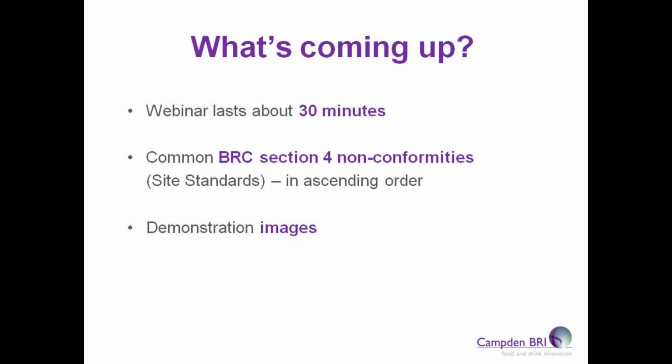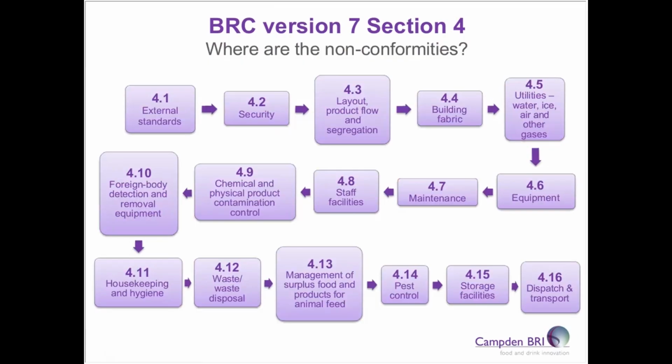So what are the most popular non-conformities? Let's look at the sections. Section 4 starts with external standards and site security. Under version 8, there may be some changes here to reflect food defence. We've got 4.3, which is layout, product flow and segregation. Moving on to building fabric, utilities, water, etc. Equipment, then maintenance, staff facilities, chemical handling, foreign body detection.